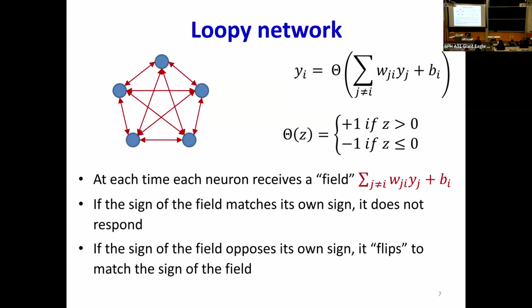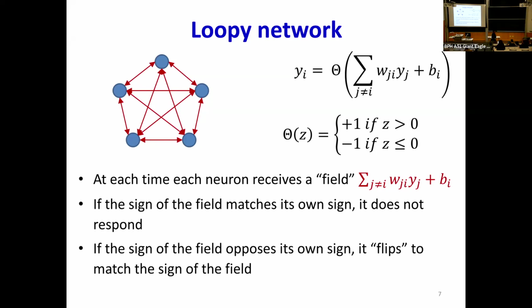So if the output is currently positive and the affine value is positive, there's nothing to do. Similarly, if the output is currently negative and the affine value is negative, there's nothing to do because both of them match.